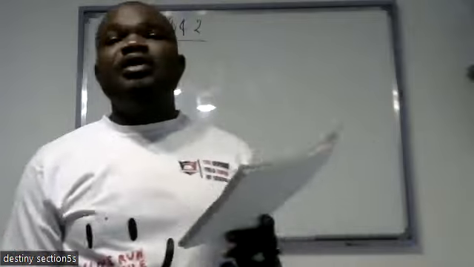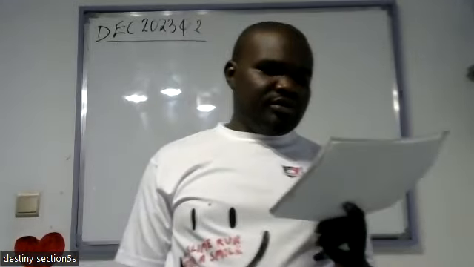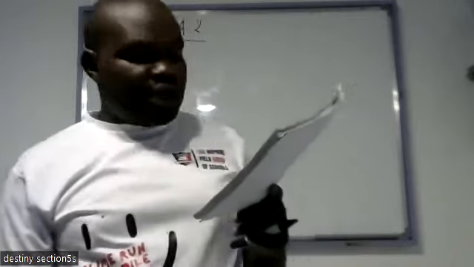So H is the parent, which is reporting in Kenya shillings. S is the subsidiary, foreign subsidiary, which is reporting in crowns there. Additional information.